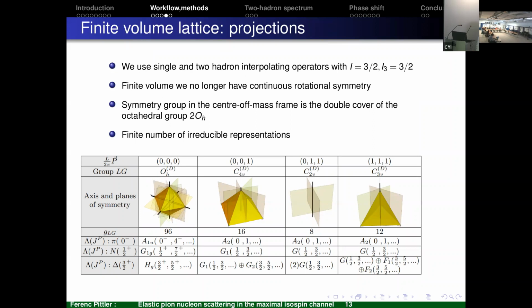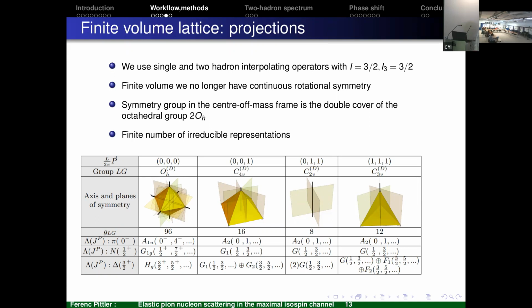Because then the number of momenta is not infinite anymore; it is bounded by the lattice spacing. You can think of this as going from infinite degrees of freedom to finite degrees of freedom. So you regularize it. This is what the discretization does.